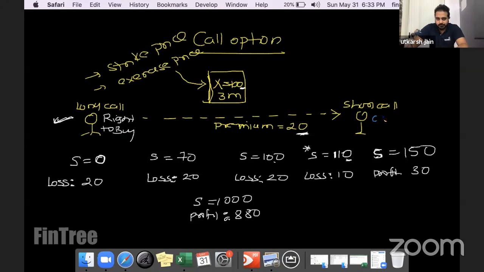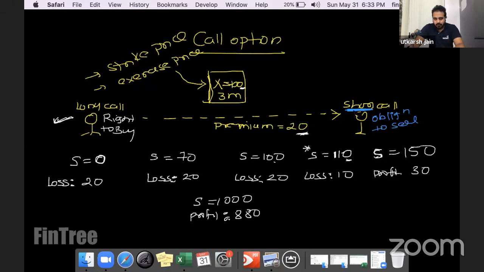Now, let's think from this person's perspective. Okay, the short call fellow. The short call fellow has an obligation to sell. Now the problem is, and the next 30 seconds are extremely critical, so I want you to be alert. The problem is it's always very difficult to think from the short side. Why? Because you never know whether it would be exercised or not, because whether to exercise or not is decided by the long fellow.